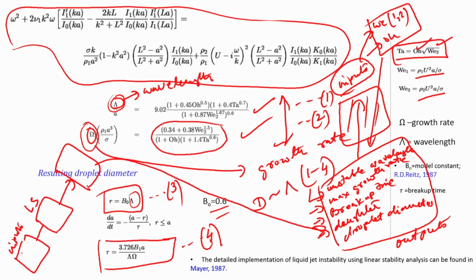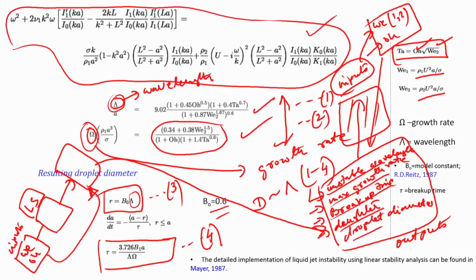The input is basically Weber number and Ohnesorge number, and linear stability is the black box. We do some operations, we solve some equations which are basically still the governing equations, and using all those things you get an output which is basically the unstable wavelength, maximum growth rate, breakup time and daughter droplet diameter.